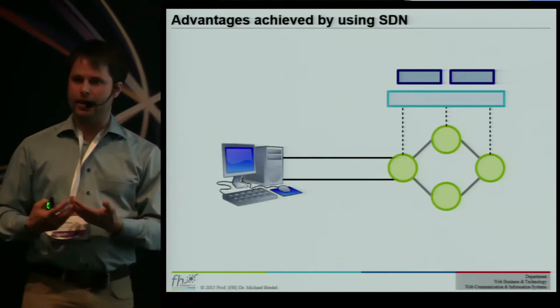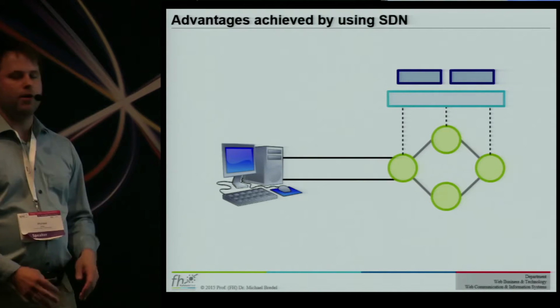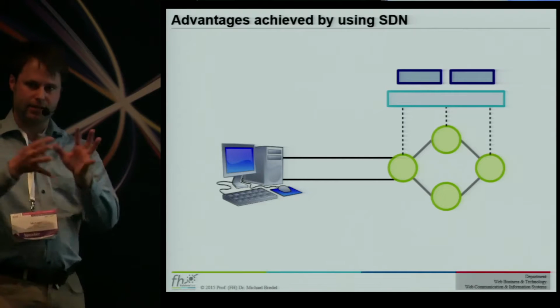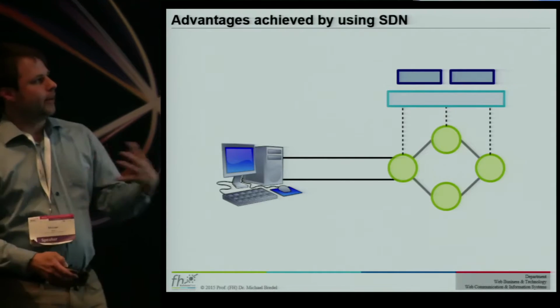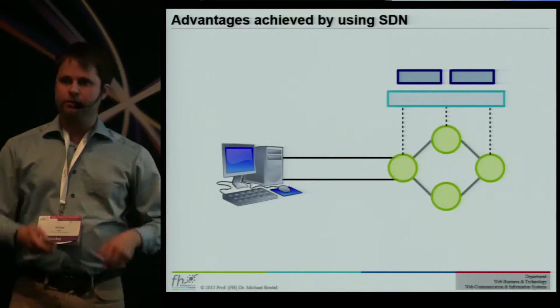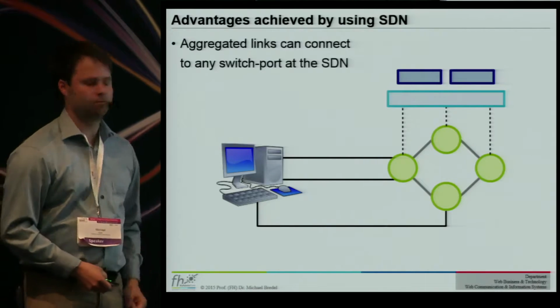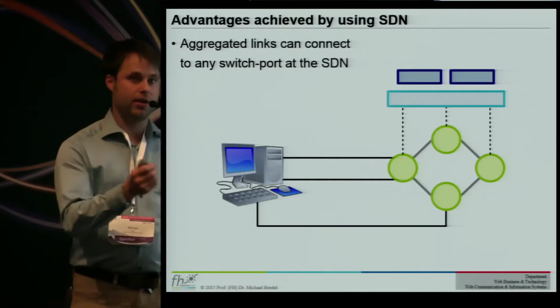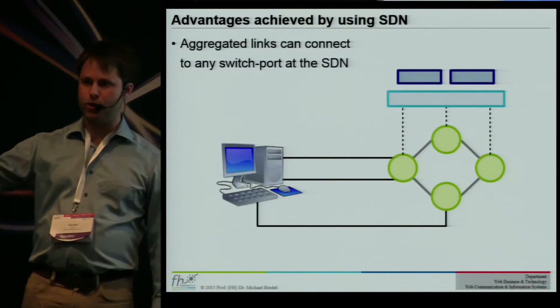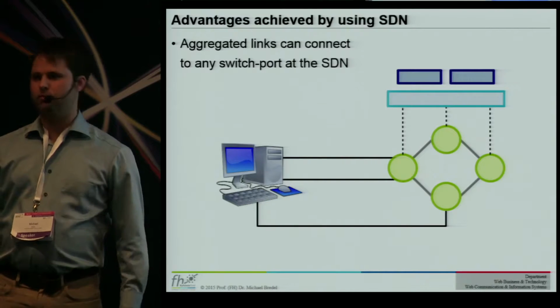We have an SDN, a software-defined network with a centralized control plane that takes care of everything, right? And using our link aggregation module that is implemented, we can just connect that host to any switch in that network. That's basically it.